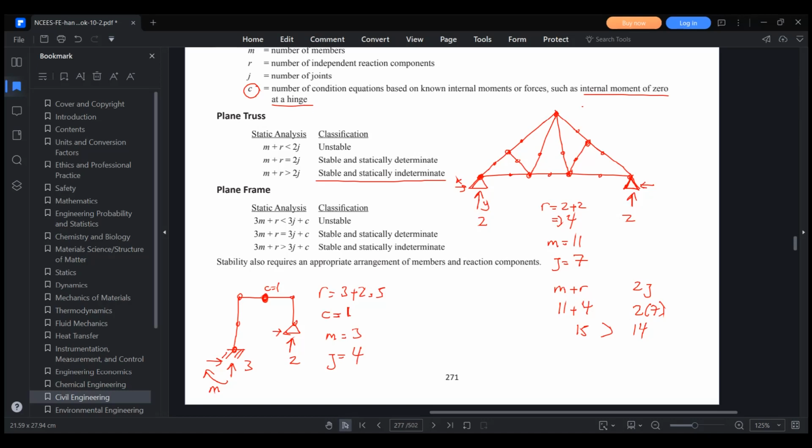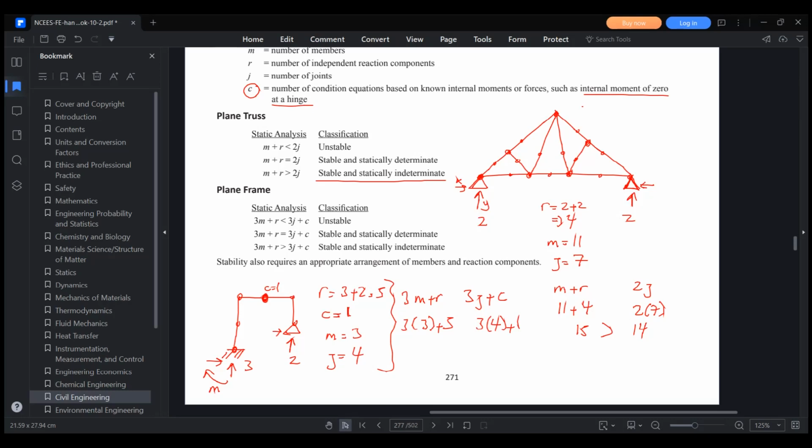So let's apply the formula. Applying the formula, 3m plus r, is it equal or less than 3j plus c? So 3 times 3 plus 5, 3 times 4, as you can see, plus 1.